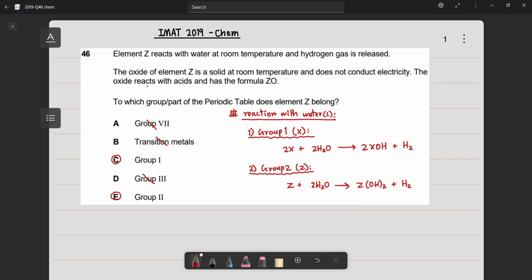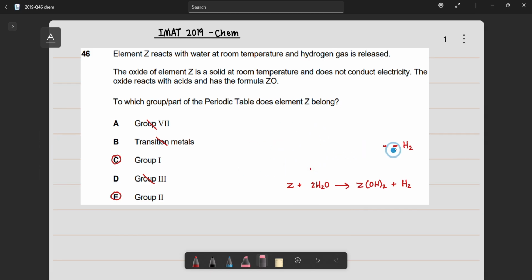The next statement says the oxide of element Z is solid at room temperature and does not conduct electricity.